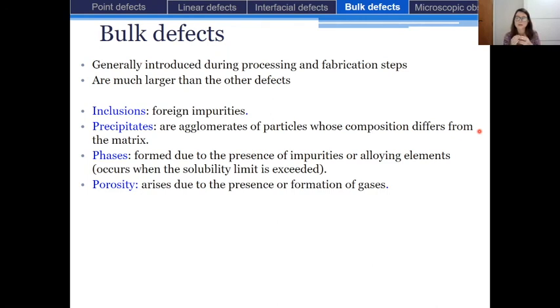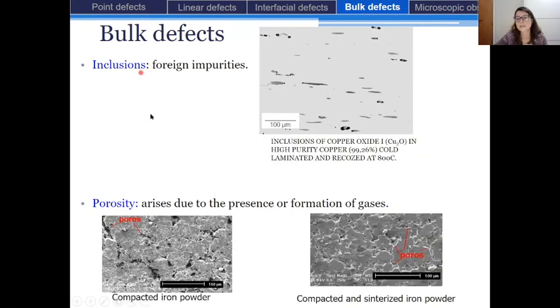It is, for example, the case when the solubility limit is exceeded, and so a new phase of a new composition and crystal structure is formed. And porosity that arises due to the presence or formation of gases in the material. All these defects can be observed by microscopic techniques.